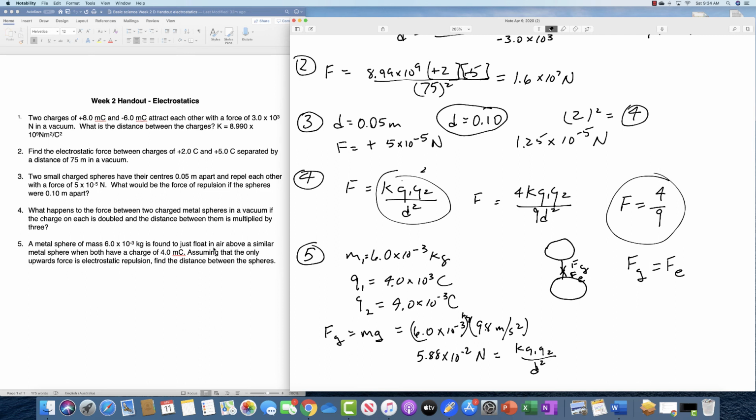Now, what we need to know here is this distance. So if we move the distance over, 5.88 times 10 to the minus 2 times d squared is equal to k Q1 Q2. That's just multiplying both sides by d squared.